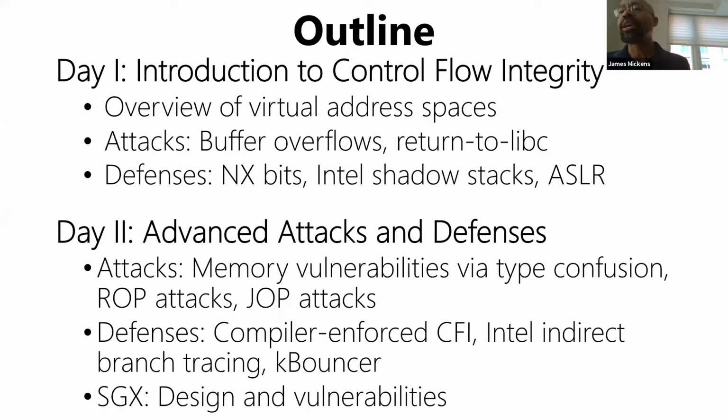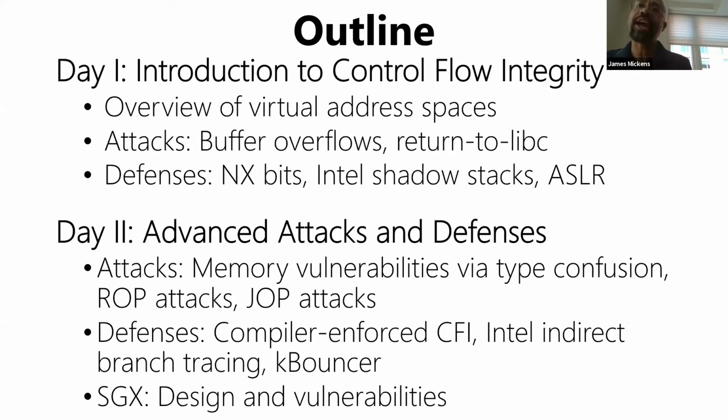We'll also look at Intel's technology for indirect branch tracing. This is a technology that allows a processor to try to track how control flow is jumping between various instructions in a program. And we'll also look at K-Bouncer, which is a software level solution that also leverages some hardware level tracing capabilities to try to introspect on program behavior.